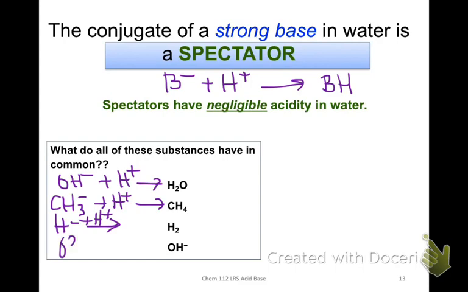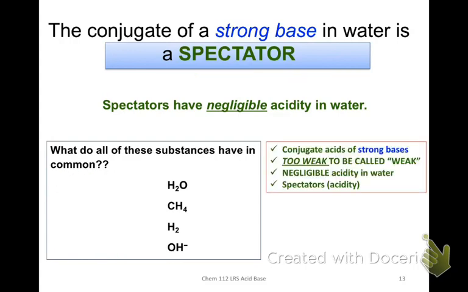And here we've got O2- plus H+ to make hydroxide ion. These are all conjugate acids of very strong bases. Those conjugate acids are too weak to be called weak. They have negligible acidity in water. They're spectator ions. They don't take part. These are negligible acids.